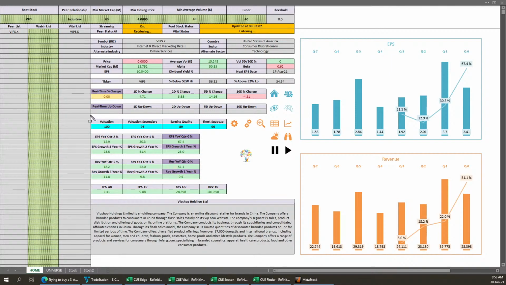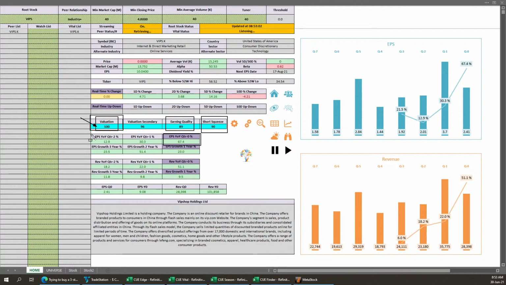Fantastic, isn't it? The valuation score is as good as possible, though we don't need that, we just need cyan color, but it happens that it has the best possible valuation score, great earnings quality, short squeeze potential, great earnings growth.